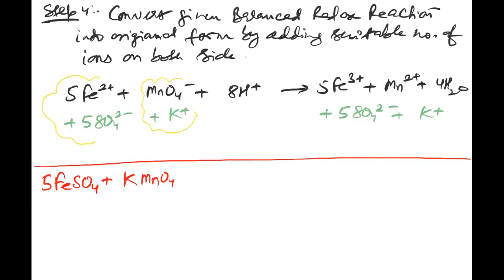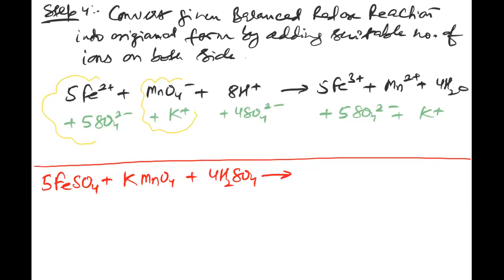For H plus, there is only one source in the original reaction, which is H2SO4. So you need to add 4 sulfate ions here, such that it gets converted into 4 H2SO4.